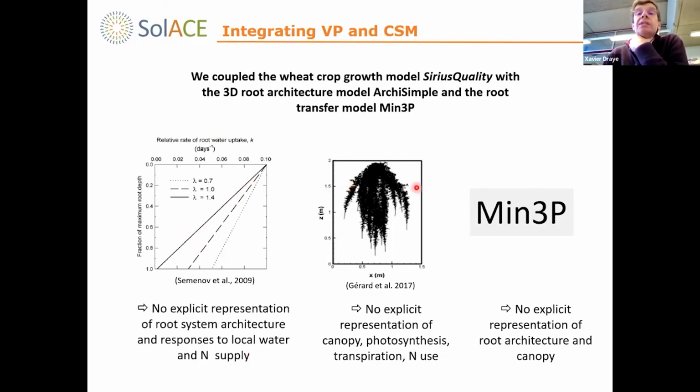ArchiSimple can make a very nice, very detailed representation of the root, but it doesn't have any representation of canopy, photosynthesis, transpiration, or nitrogen use by the plants. What the Min3P model can do is explicitly tell us how water is going to move from the soil to the root, but it has no explicit representation of root architecture nor of canopy.